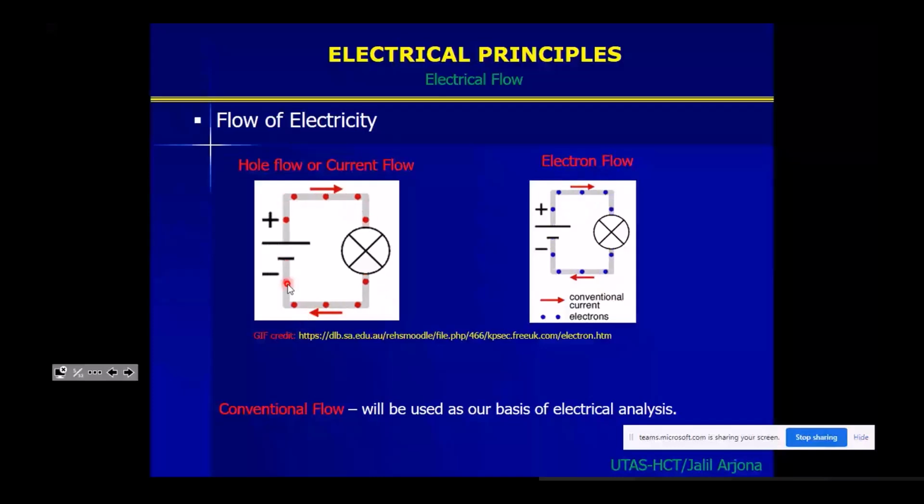And on the other side, this is the electron flow. Look carefully at the movement of the electrons, that is from negative to positive. It occurs all together, at the same time. So these are the two flows of electricity and they are opposite in direction. And we are using the conventional flow as the basis of our electrical analysis. So we will use this direction.